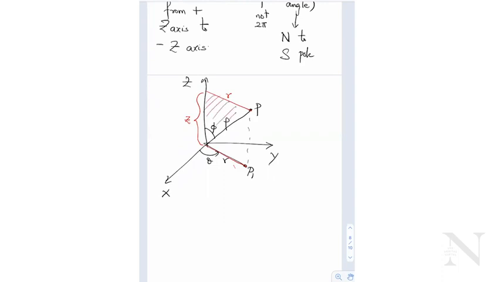This triangle, the one that I've just shaded using red. If you take the cosine theta and the sine theta out of those, oops, cosine phi and sine phi, sorry.